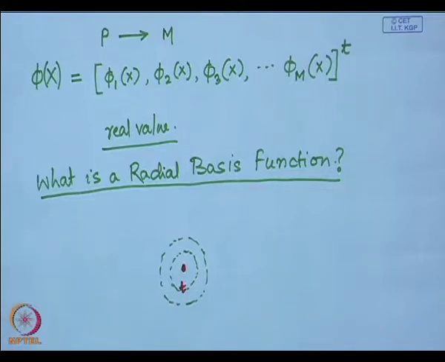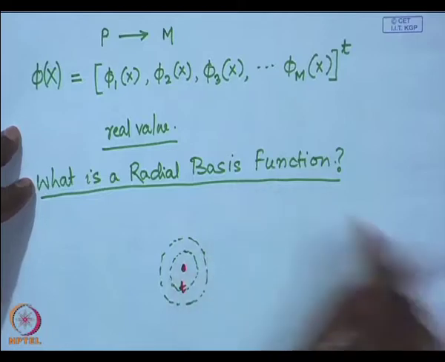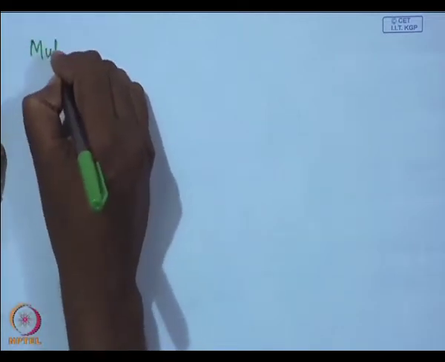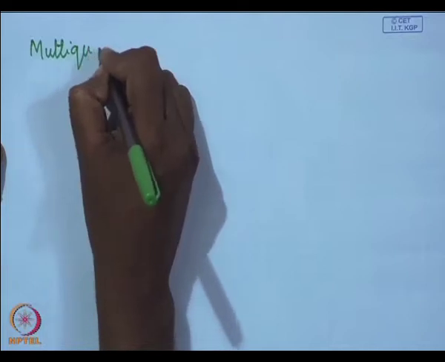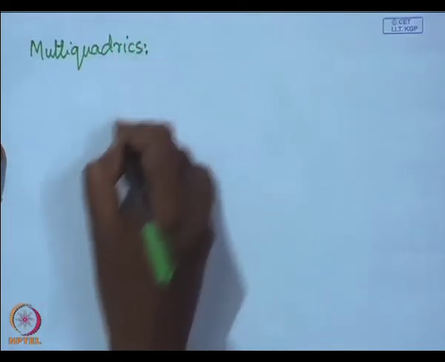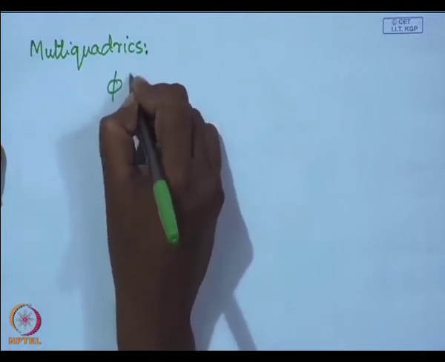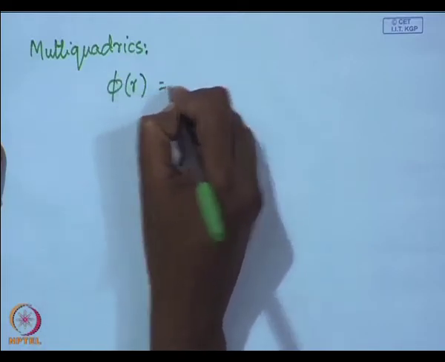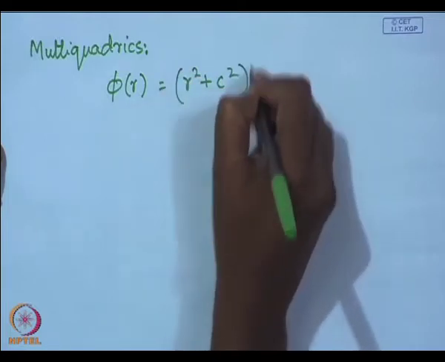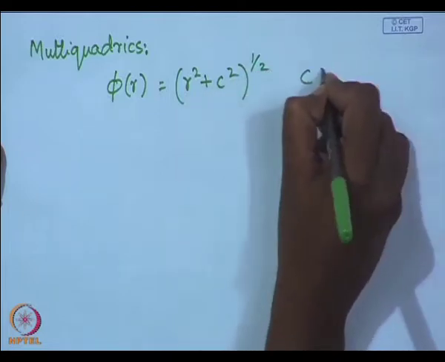I can put those radial basis functions as one of them is called multi-quadrics, which is given by phi of r is equal to r square plus c square to the power half for c greater than 0.